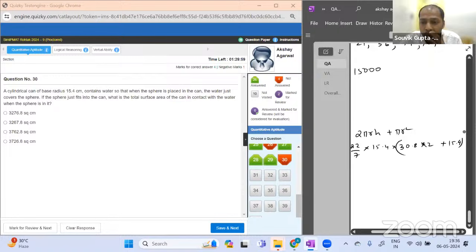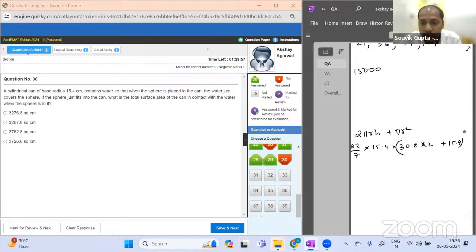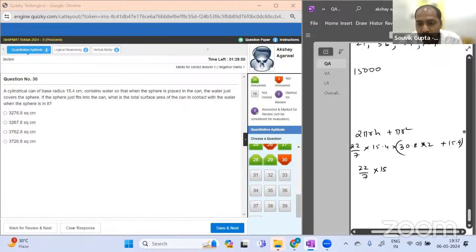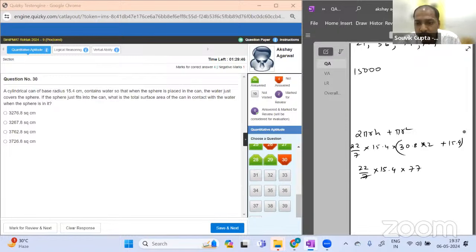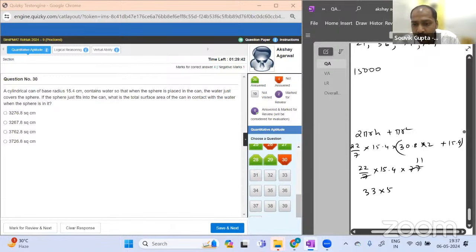So 30.8 into 2 is 61.6 plus 15.4 is 77. So 22 by 7 into 15.4 into 77, which goes 11 times. So 33 into 15.4.